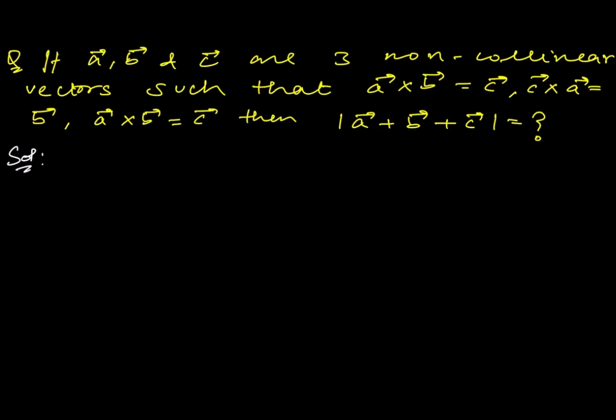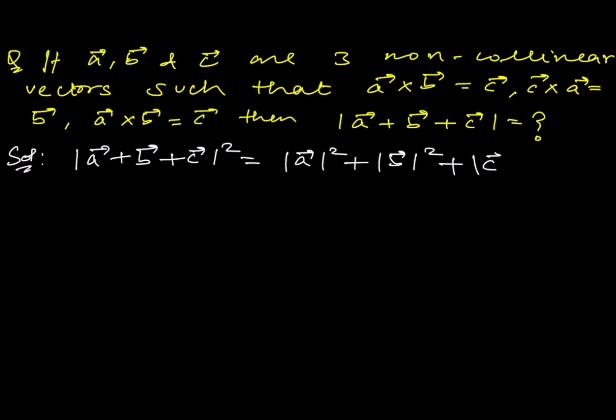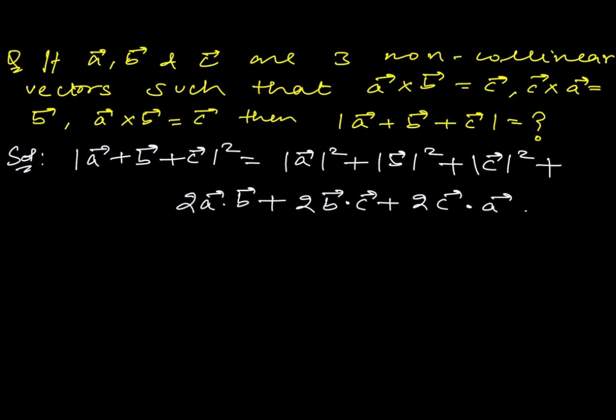Mod of A plus B plus C whole square is nothing but mod of A square plus mod of B square plus mod of C square plus 2A dot B plus 2B dot C plus 2C dot A, right?